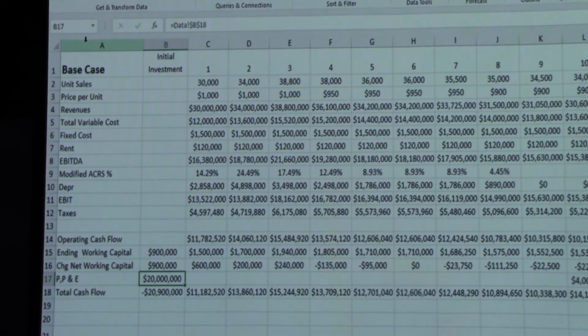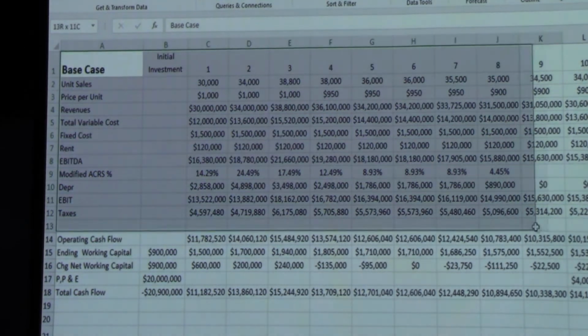A best case scenario for a business is when unit sales go up, price per unit goes up, and cost per unit goes down, and that includes variable cost and fixed cost. We're going to leave rent alone, and we'll see what happens to our cash flows when we make these assumptions.